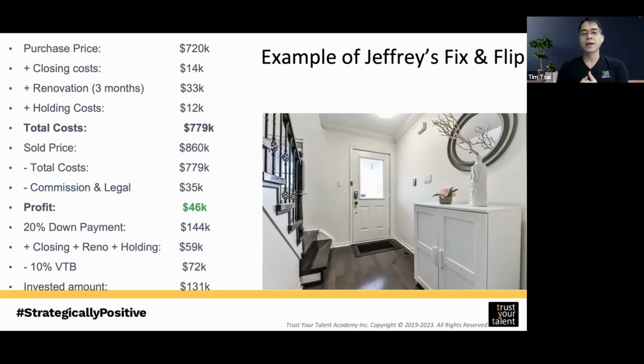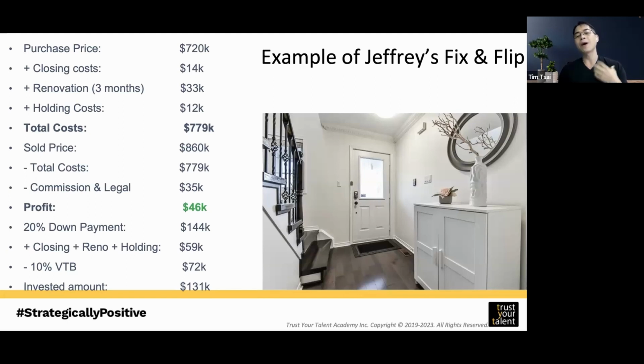Okay. So 20% down payment on a 720,000 purchase works out to be 144,000, plus closing, renovation and holding costs as shown up above. If you see below the $720,000 mark, that's adding up to 14,000 from closing, and the 33,000 from renovation, and the 12,000 from holding costs, and then minus the 10% vendor take back.